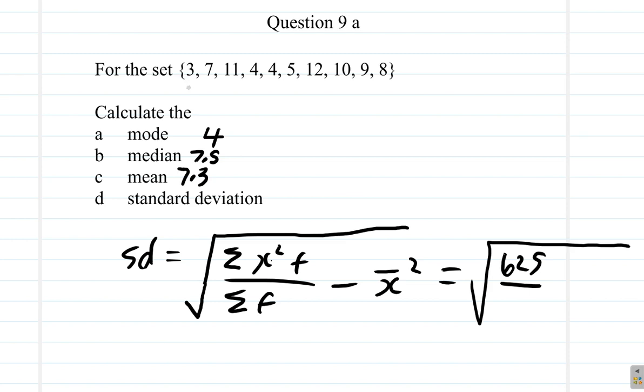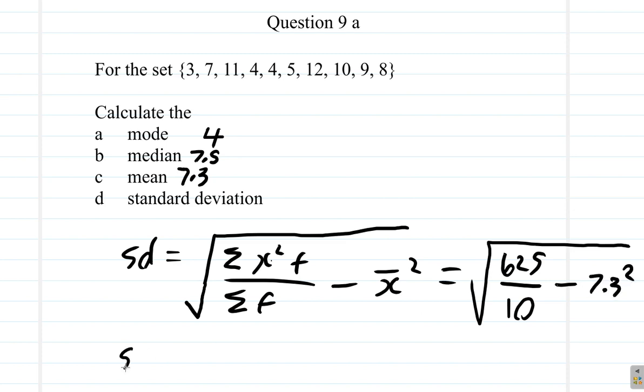Here's the frequency. 1 plus 2 plus 1, which is 2, plus 1, which is 3, plus the frequency here, 2 fours, so it's plus 2, which is 5, 6, 7, 8, 9, 10. There are 10 of them. So frequency is 10. Frequency is how frequent they occur. Minus the mean squared, 7.3 squared.